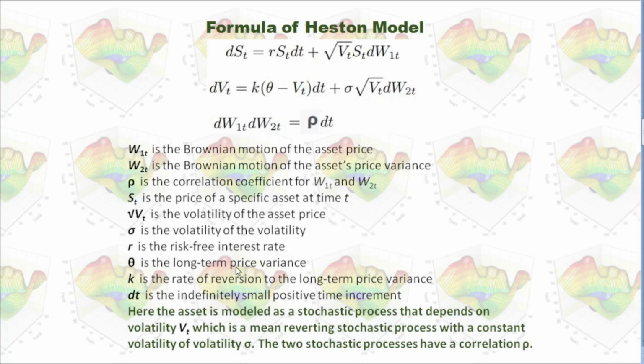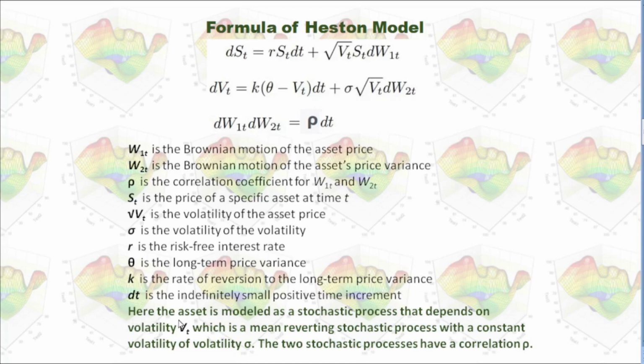Theta is the long-term price variance. So square root theta will be the volatility of the long-term price. And kappa is the rate of reversion to the long-term price variance.